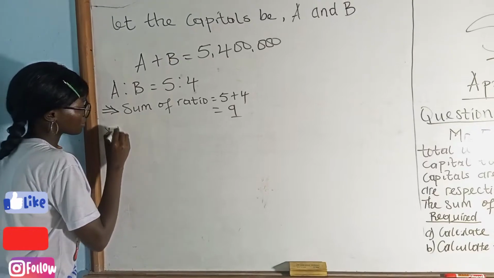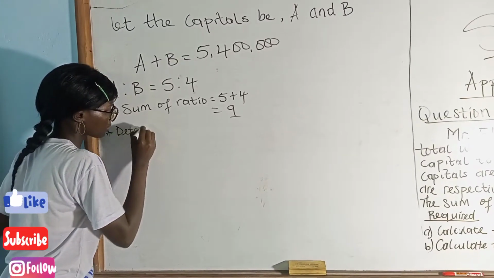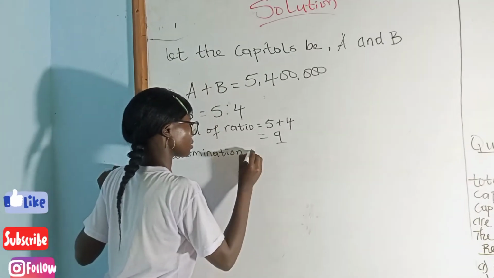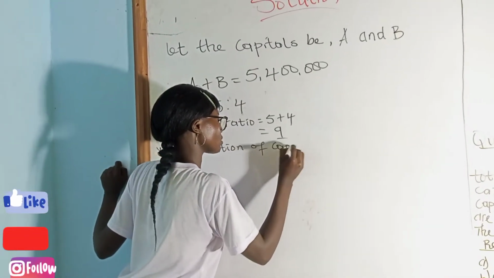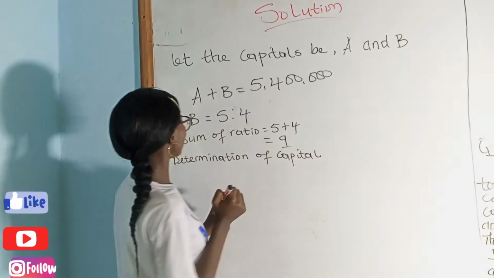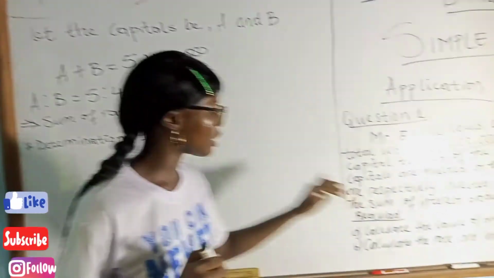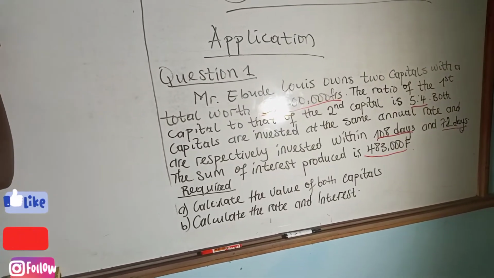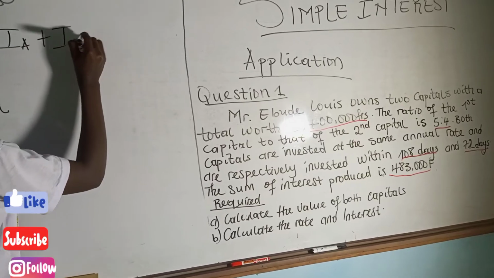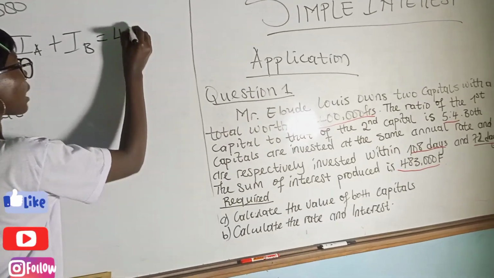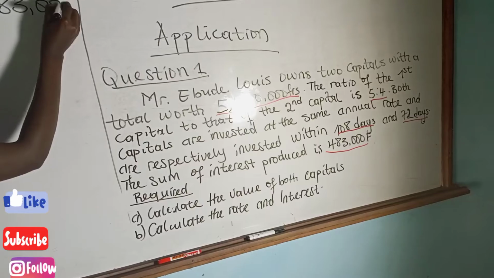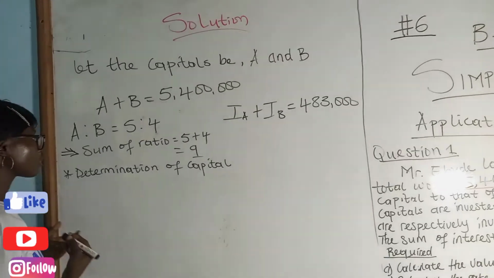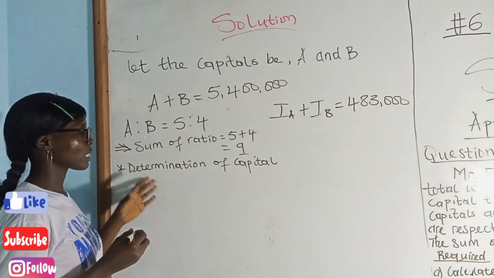First, determination of capitals. Without forgetting your interest, they say the sum of interest produced is interest of A plus interest of B is equal to 483,000.